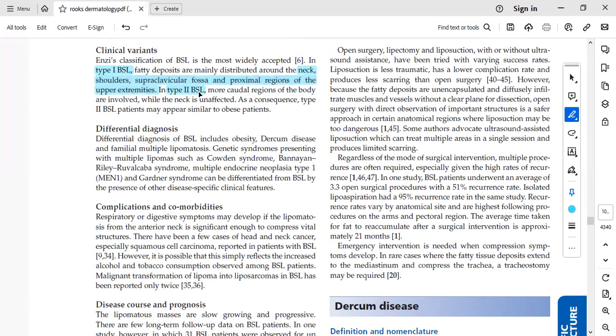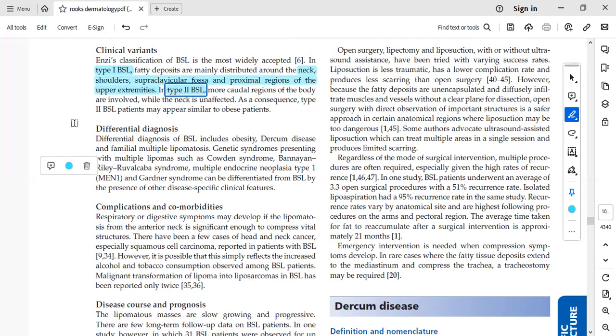While in type 2 BSL, more caudal regions of the body are involved and the neck is unaffected. As a consequence, type 2 BSL patients may appear similar to obese patients.